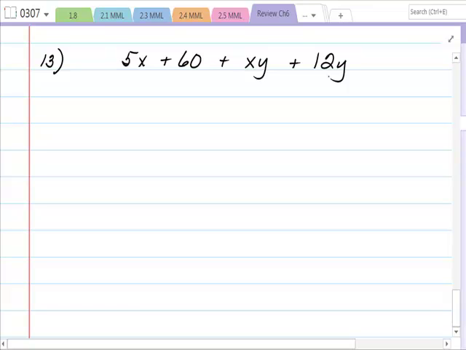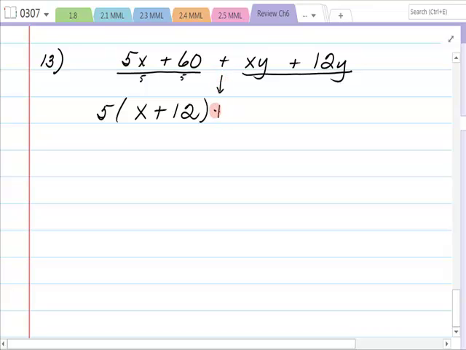But I did say four terms. What technique do we use with four terms? Grouping. So first group, second group. Looking just at the first group, what's in common? A 5. And write it under there if you want to. That'll give me x plus a 12.